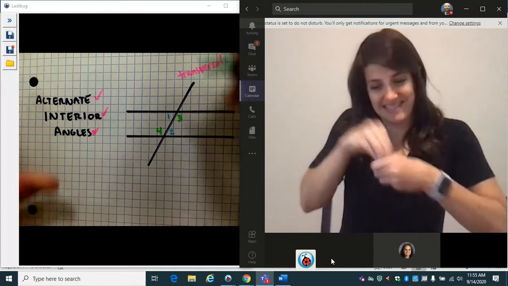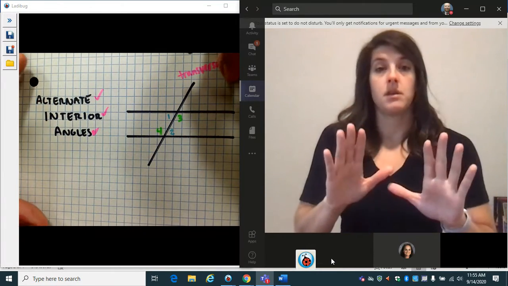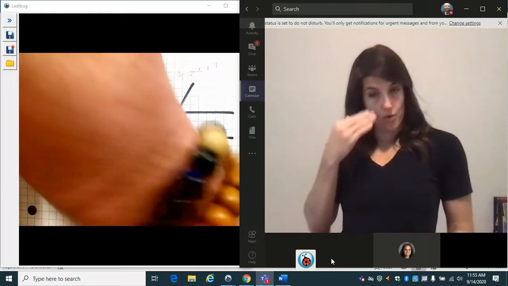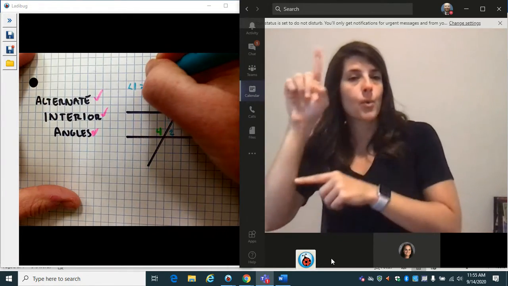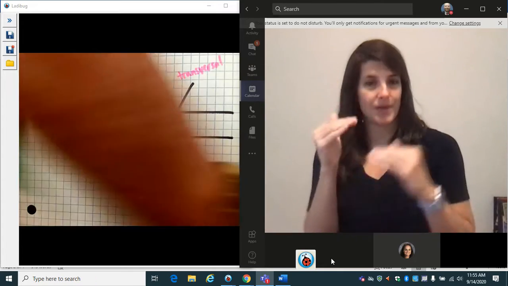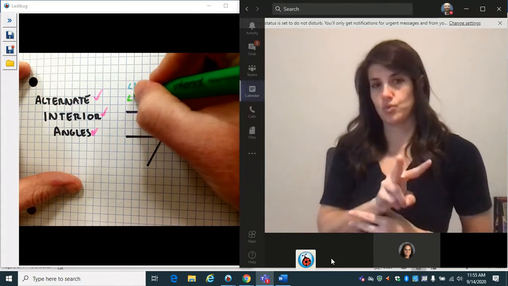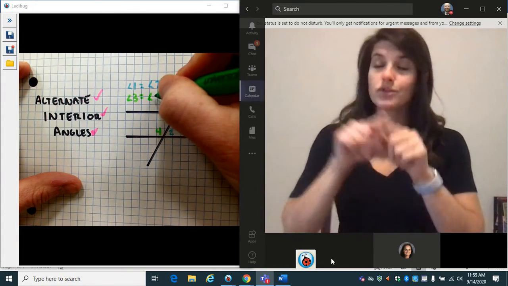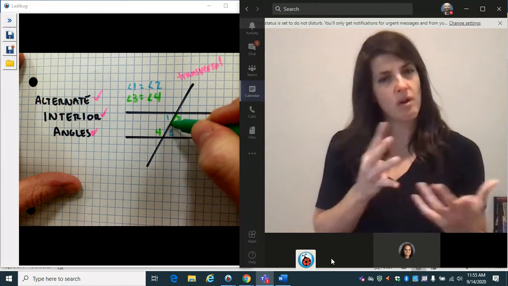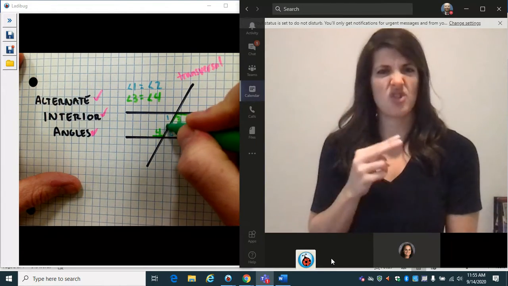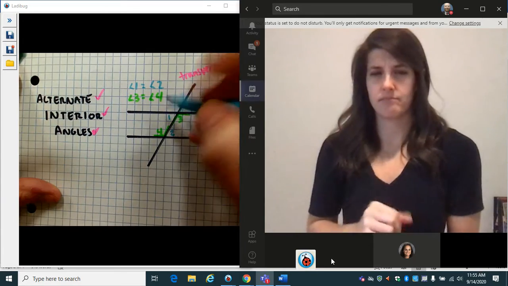So based on our knowledge from alternate exterior angles, we could predict that angle 1 has the same measurement as angle 2. Angle 3 is the same measurement as angle 4. And that makes sense when you look at them. They look about the same angle just by the eyeball test.